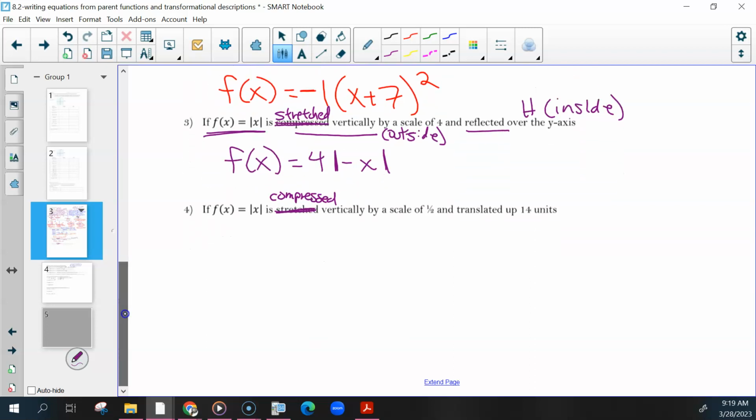Let's do this last one. We again see that it's been compressed vertically. It tells us by how much. Vertically is still going to be outside. What other transformation word do we see? Translated.